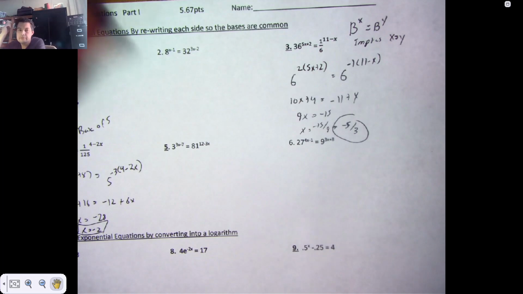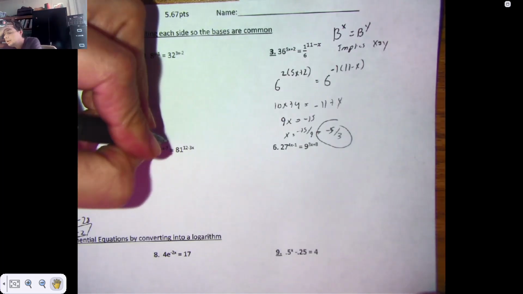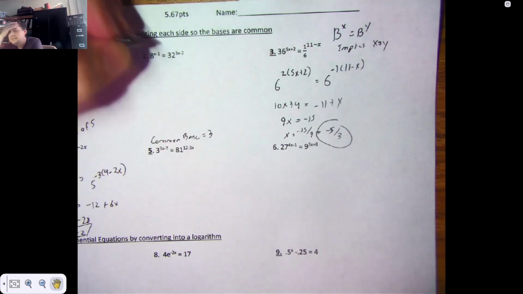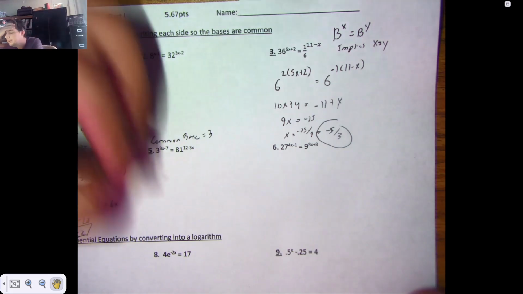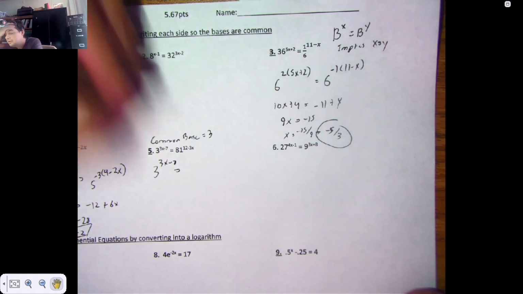There's number 5, also bolded and underlined. I would choose a common base equal to 3. I've seen kids do this with 9, but then you introduce that half fraction, so why mess with that? 3 to the 3x minus 7 equals 81, which is 3 to the 4th power.